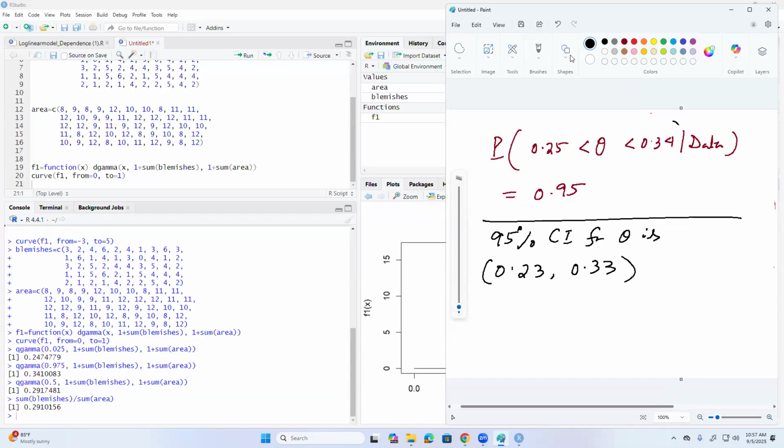For this particular interval, either it contains or it does not contain, but we do not know. But the procedure guarantees that 95% of the time the interval will contain the true parameter. The procedure guarantees. Same thing.